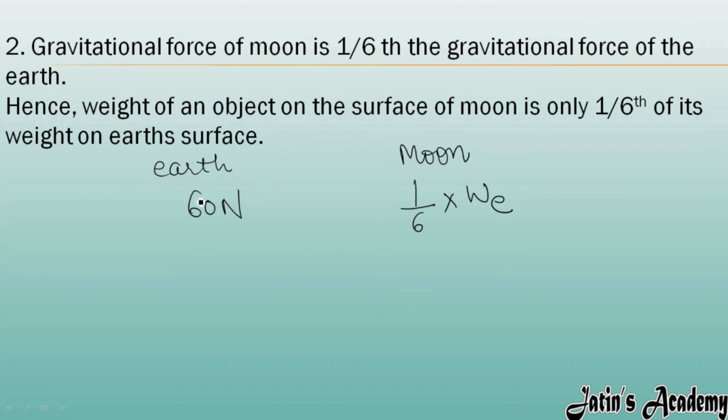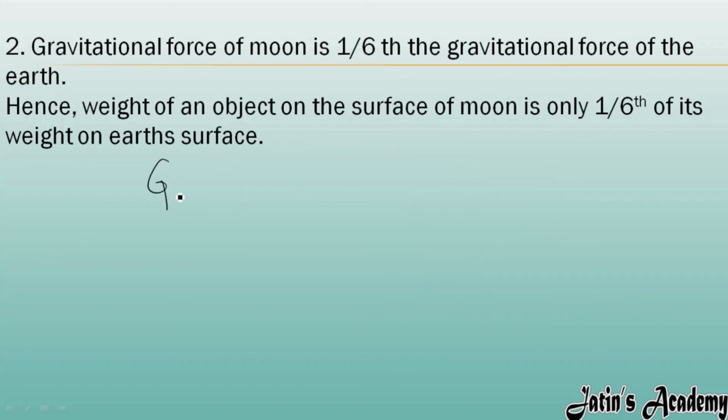If I have 60 Newton here on earth and I go to the surface of the moon, my weight decreases to 60 divided by 6, that is 10 Newton. So gravitational force on the moon is 1/6 of gravitational force on earth.